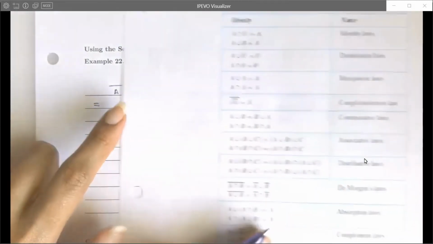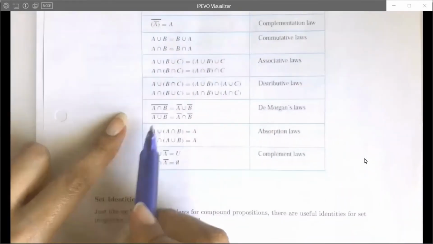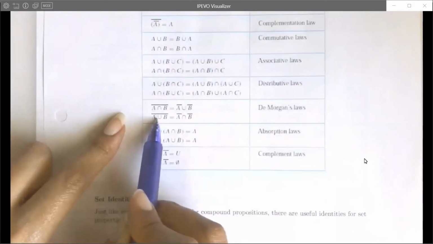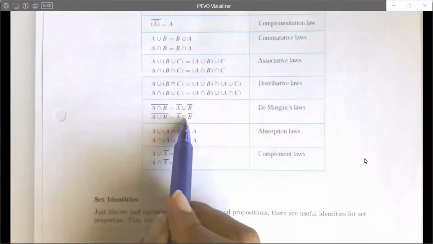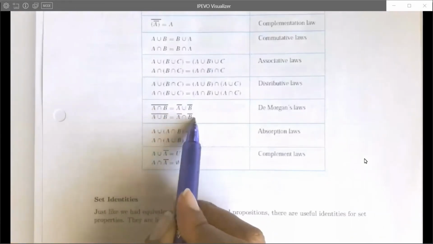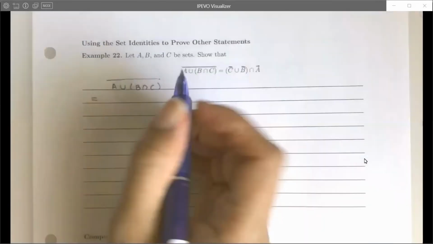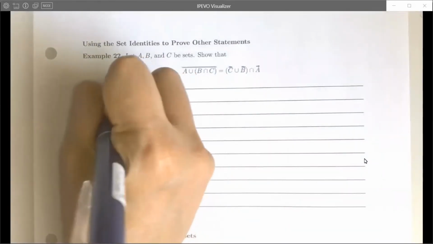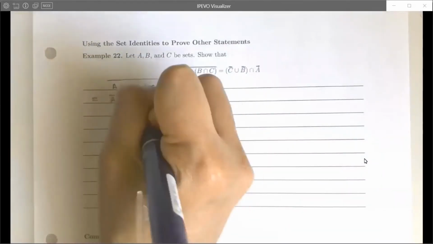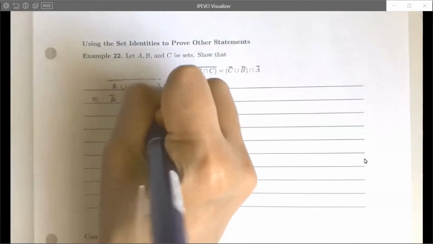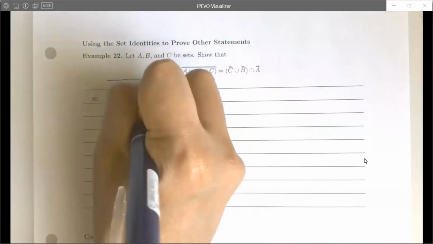If we focus on just the union, De Morgan's laws tell us that the complement of the union is the intersection of the complements of the two sets. So if I break this up applying De Morgan's law, this is going to be the complement of A intersect the complement of B intersect C.